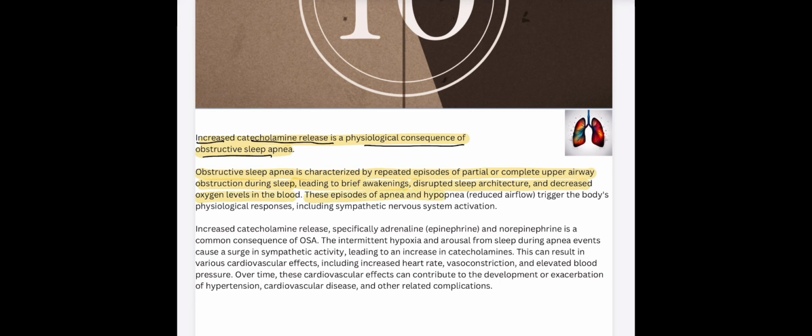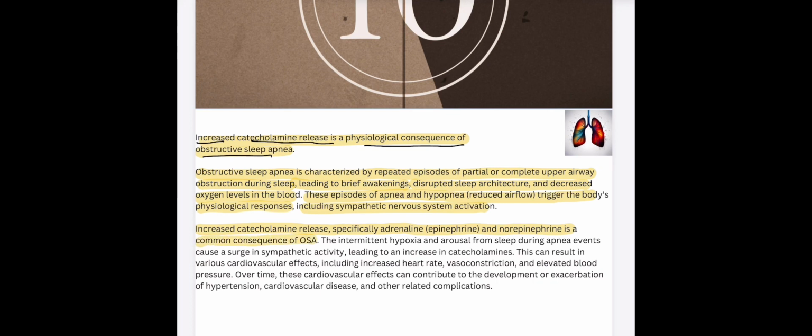These episodes of apnea and hypopnea trigger the body's physiological response, including sympathetic nervous system activation. Increased catecholamine release, specifically adrenaline, epinephrine, and norepinephrine, is a common consequence of OSA.